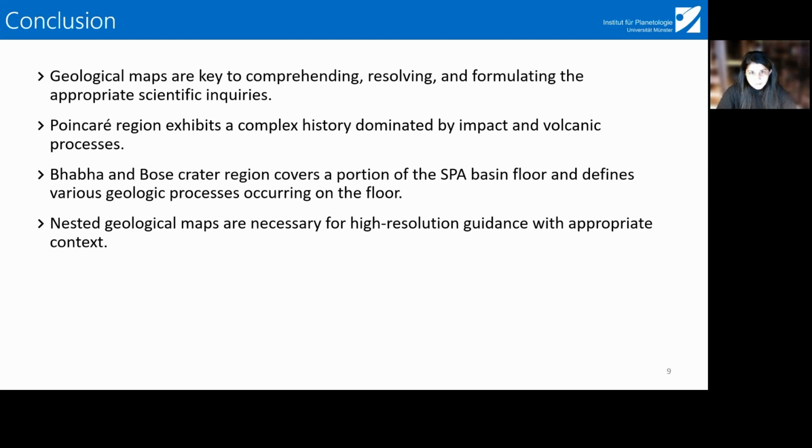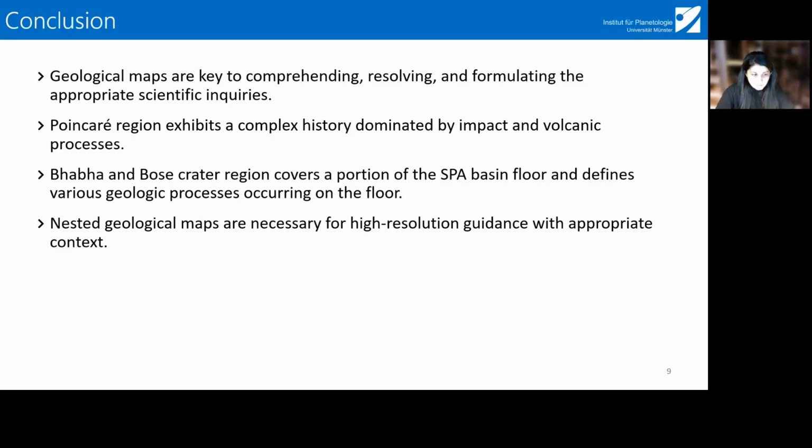Poincaré is mainly dominated by impact crater regions, but there you could see it's enriched with volcanic processes. Bhabha-Bose crater regions may cover the SPA basin floor, and it is diverse in geological processes as well.